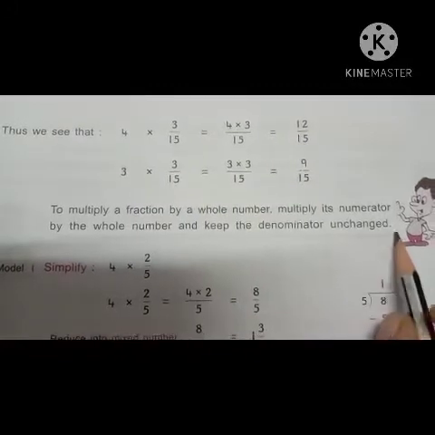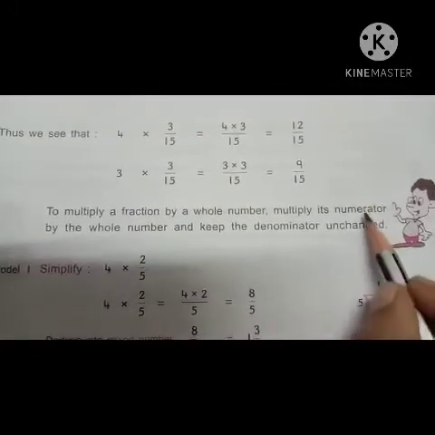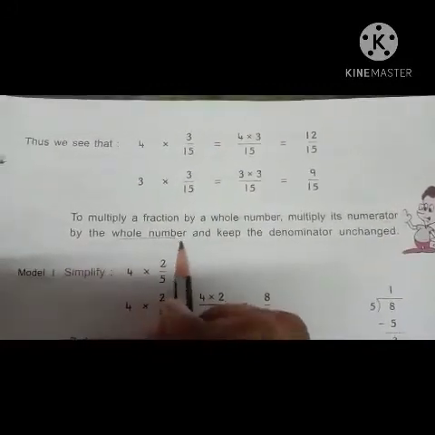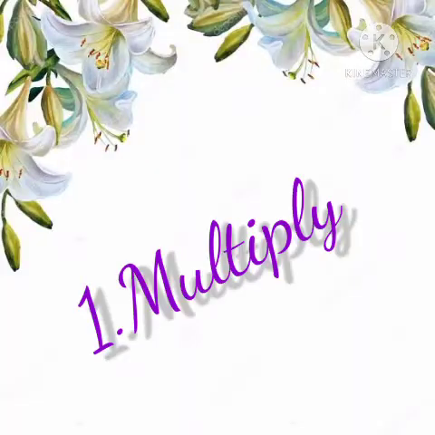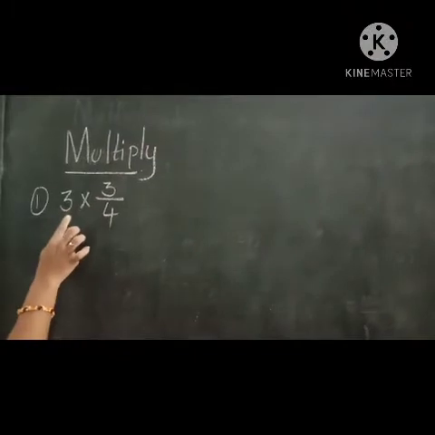No need to change the denominator. Just multiply the numerator and the whole number. Here see the first one, multiply. Here what is the number?